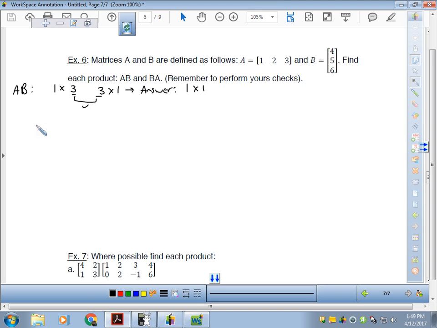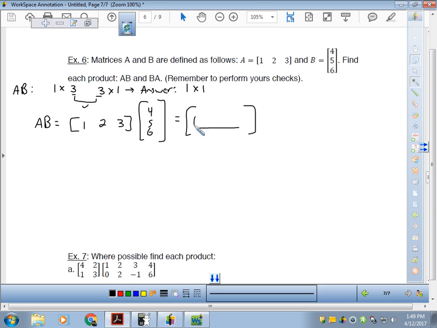So when we do our matrix AB, we expect to take this row, 1, 2, 3, multiply it by this column, 4, 5, 6, and we expect to just get a 1 by 1. So I'm just expecting to get 1 element in there. Well, to find that 1 element, I'm going to take this row and multiply by this column.